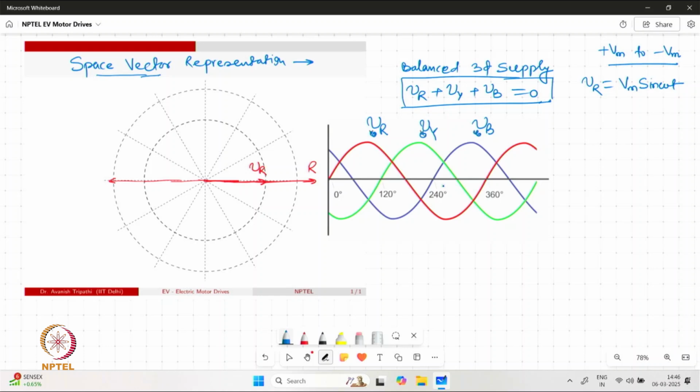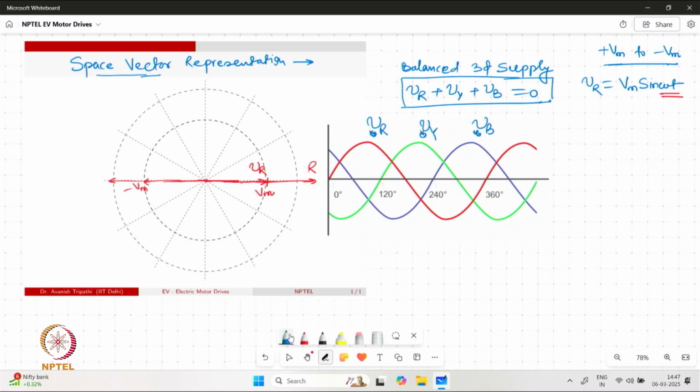Now when we are placing this vector, and please understand this is not the phasor which is rotating in space, this is a vector which is placed in space. It can change its value from plus Vm to minus Vm along this axis, which means that if we mark this position as Vm, the vector can take any value on this axis between plus Vm and minus Vm based on the value of omega t.